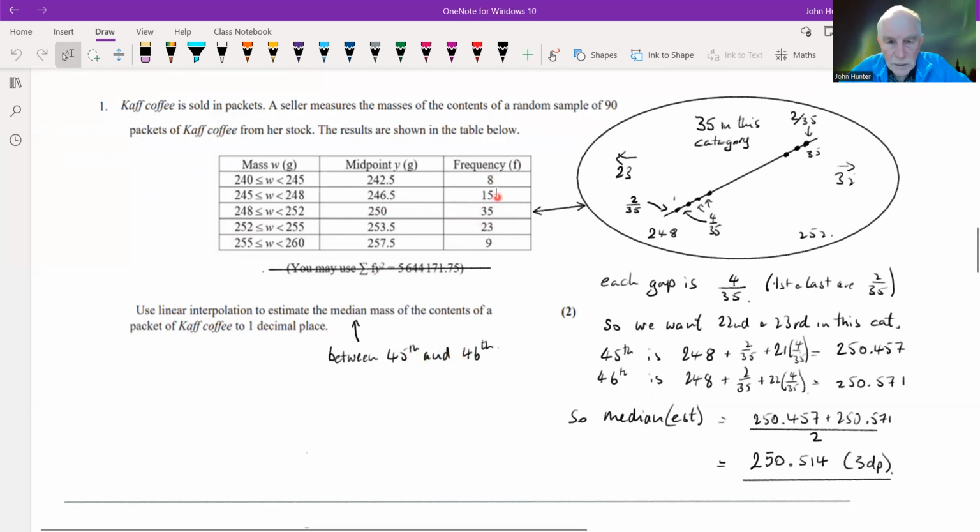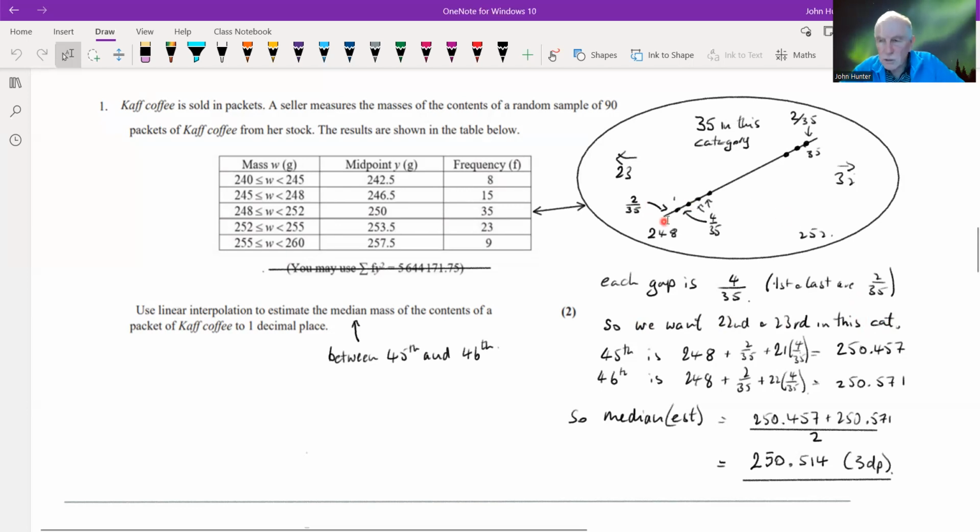Right, well, we've got 23 in these two categories. So the 45th would be the 22nd out of this 35. And then the 23rd. So we're the 22nd and the 23rd in that category.